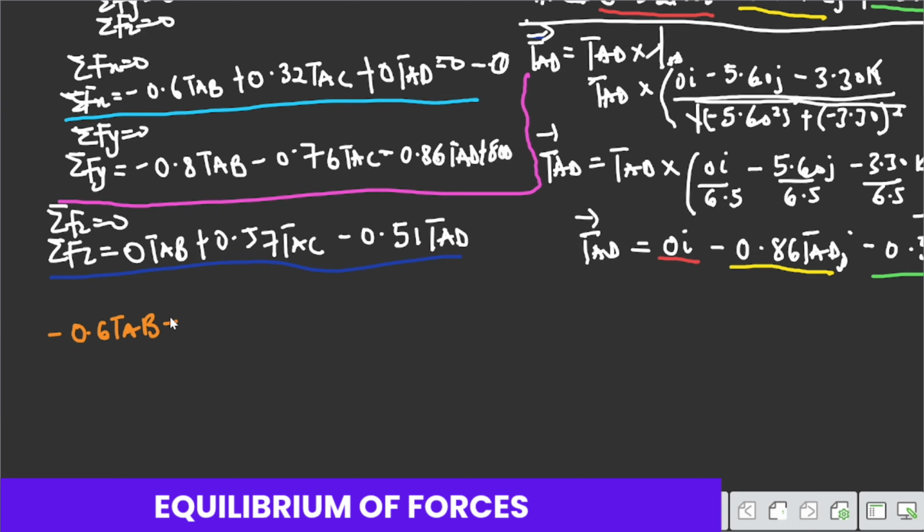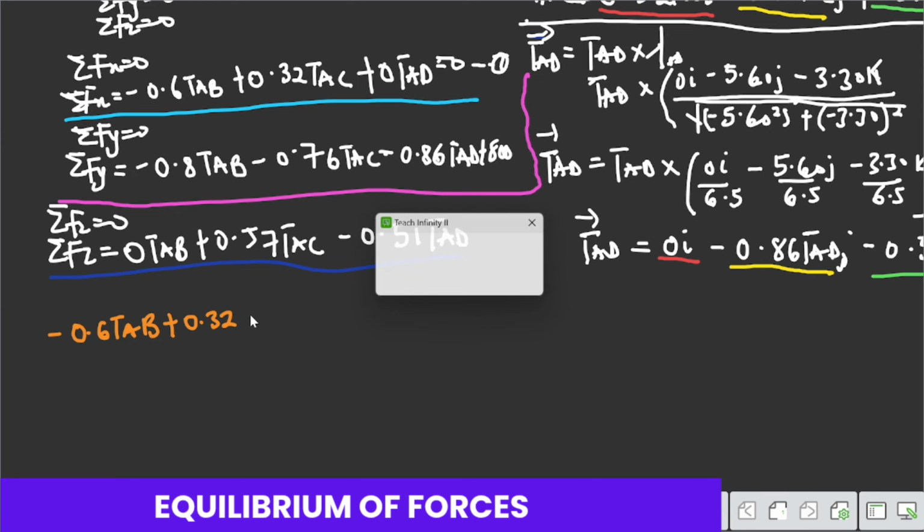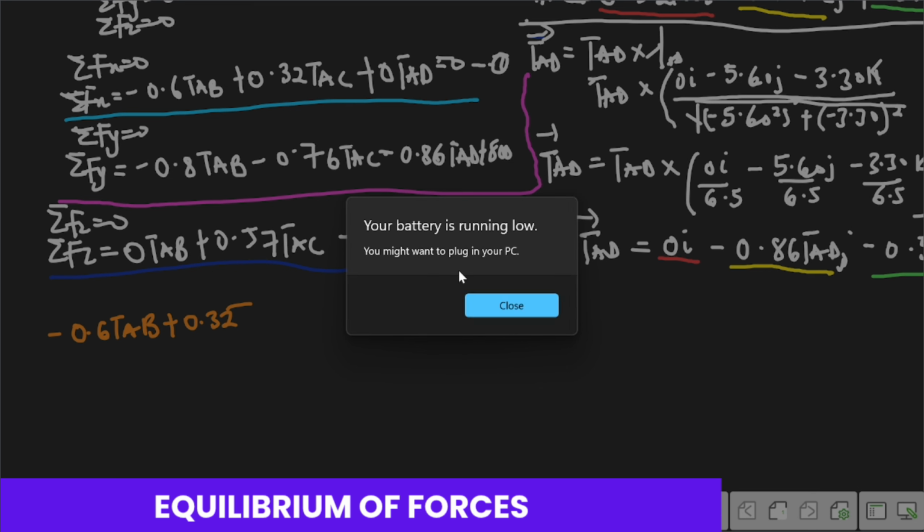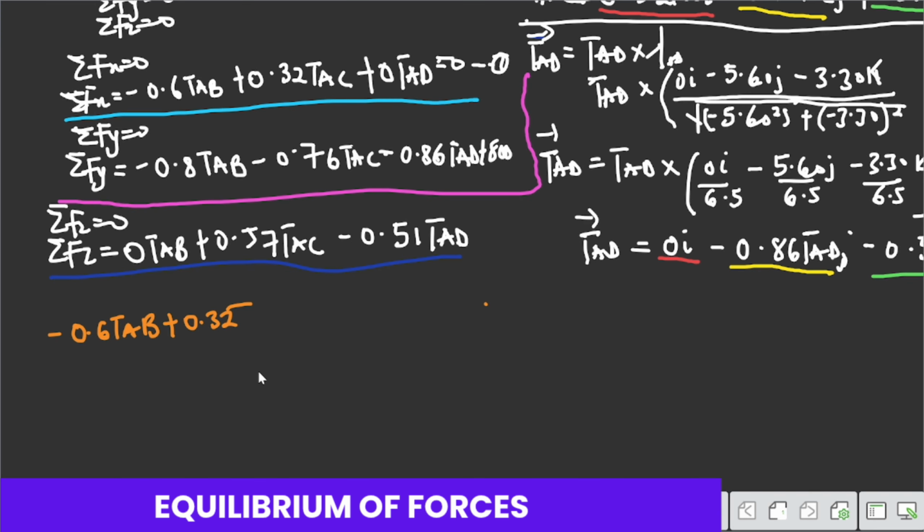Then plus 0.32 TAC, then plus 0 TAD, so this one will not be included, is equal to 0.